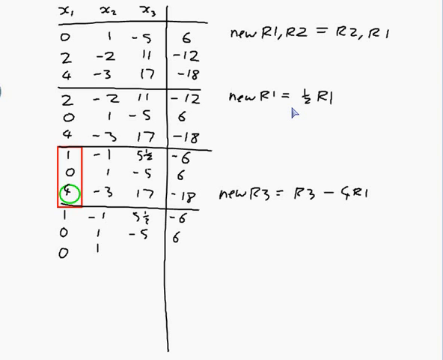Well, 4 times 5 would be 20, 4 times a half would be 2, so 4 times 5.5 is 22. So 17 take 22, which would be minus 5. And then negative 18 take 4 times negative 6 would be negative 18 plus 24, which would be 6. And that's where I am now.